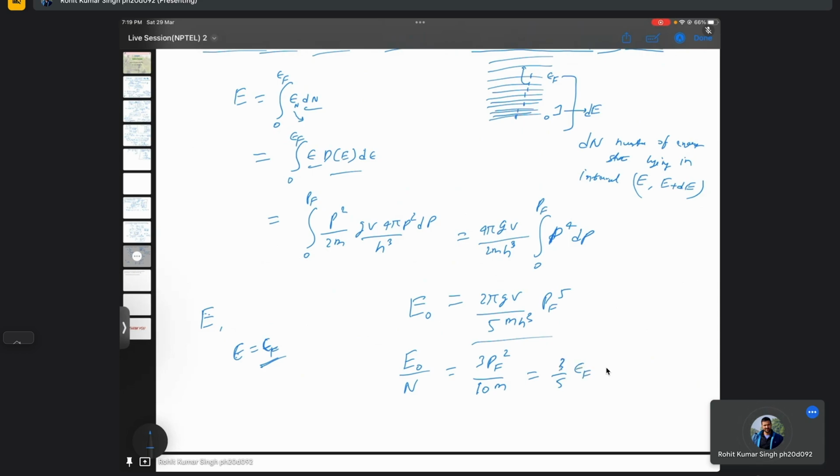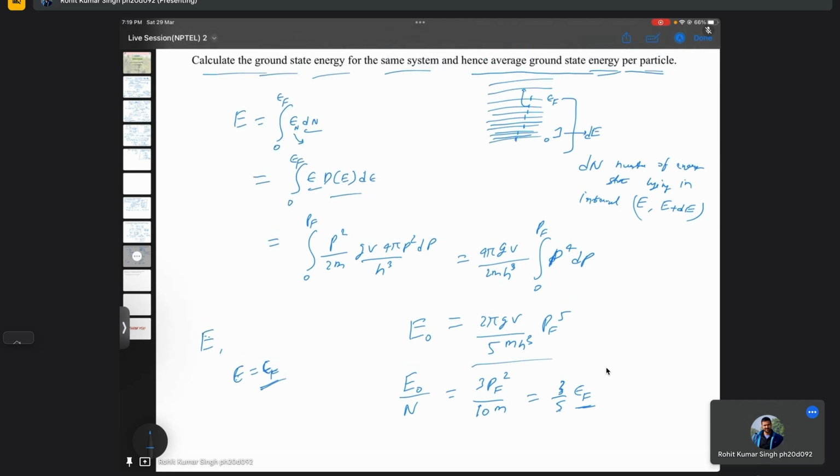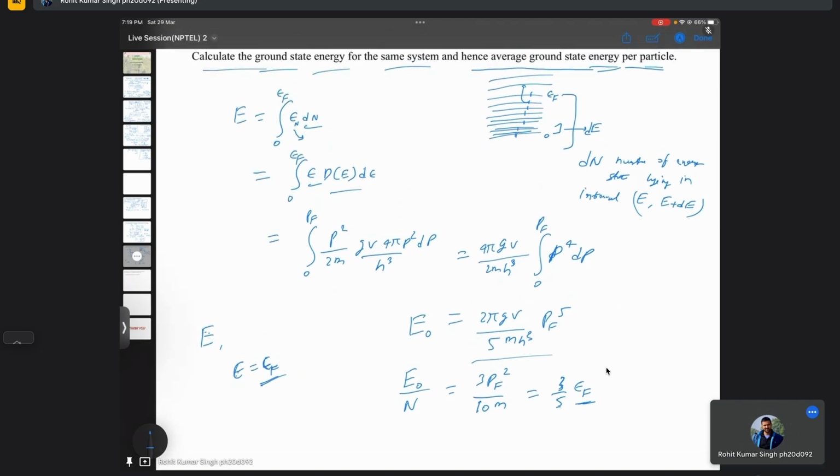So it is not equal to the Fermi energy but a fraction of it. This is very interesting to see. It's a very important result.